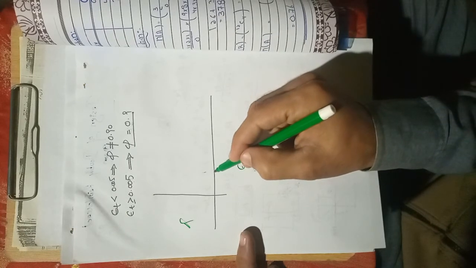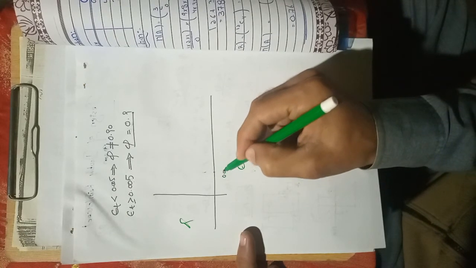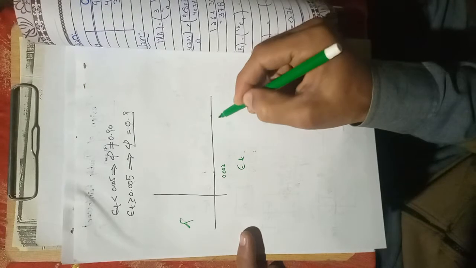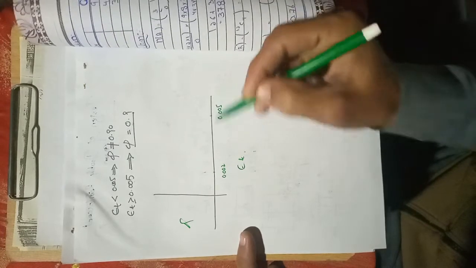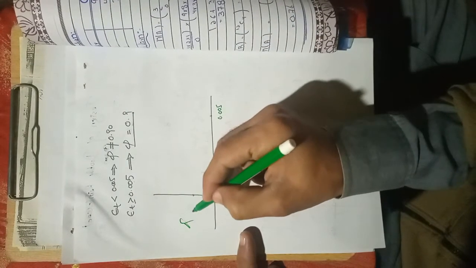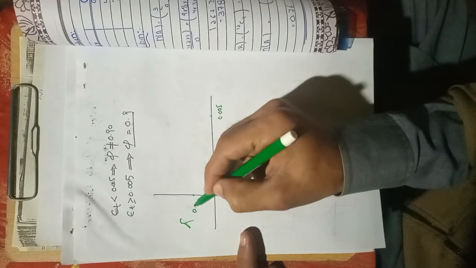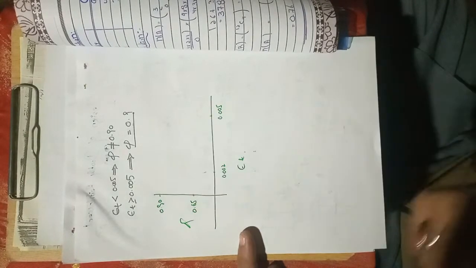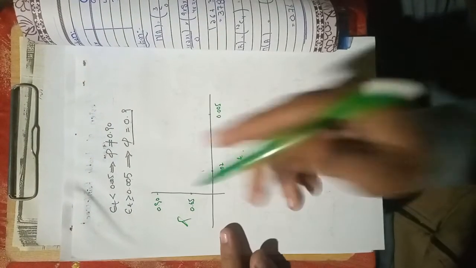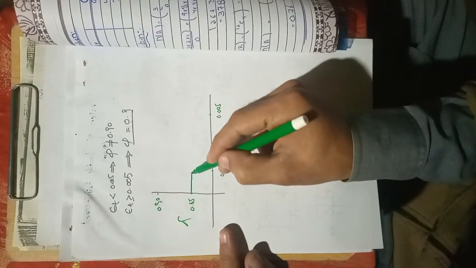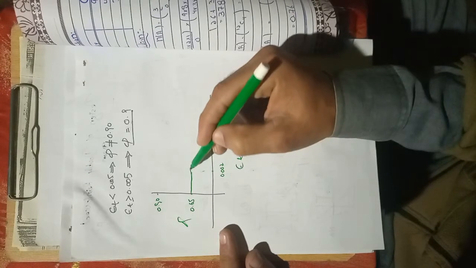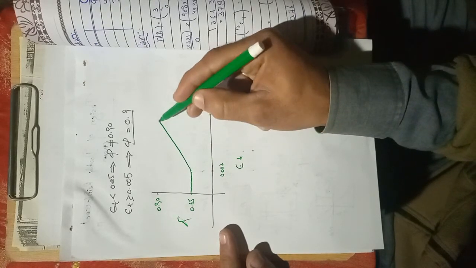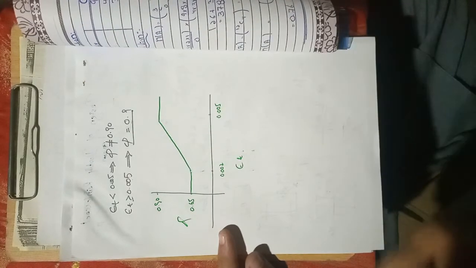Epsilon t value starts from 0.0022 to 0.005, and the phi value should be 0.65 to 0.90, right? These two values must be remembered. There is a horizontal curve, right? And then it goes in this shape, and then again it becomes horizontal.